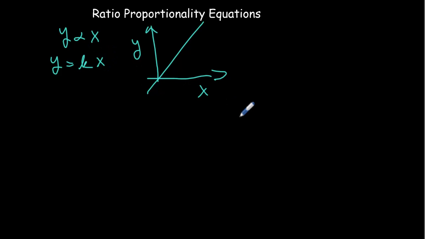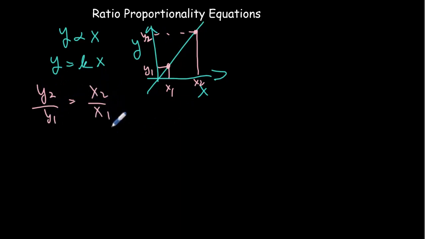But another thing that's true when you've got these proportional relationships is that if I have 2 points, x1, y1, and x2, y2, then y2 over y1 will be equal to x2 over x1. That's really what it means to be proportional, that those ratios are always going to be the same.